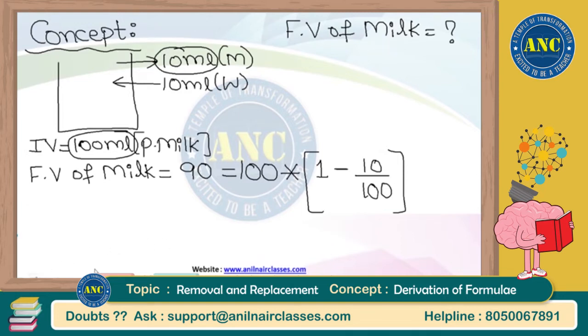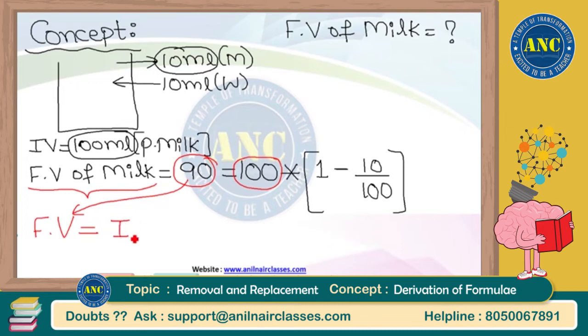That means, can I conclude it like this? Everyone listen to this very carefully, sir. Can I conclude that the final volume, or the final concentration, is always equal to, what is this 100? First of all, this 90 is nothing but the final volume, right? 100 is nothing but the initial volume or the initial concentration.